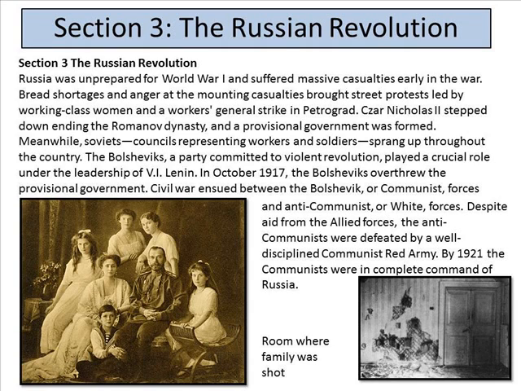Civil war ensued between the Bolsheviks, or communist forces, and anti-communists. The communists were the red, the anti-communists were the white forces. Despite aid from the Allied forces, the anti-communists were defeated by a well-disciplined communist Red Army. By 1921, the communists were in complete command of Russia. Now, you could see the family was actually taken out and killed.